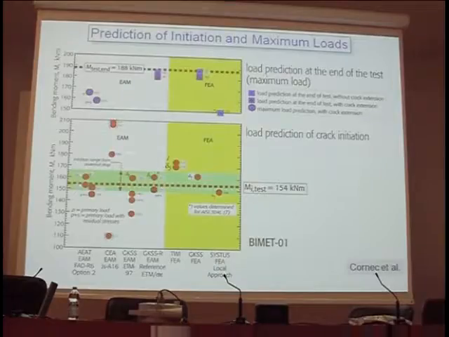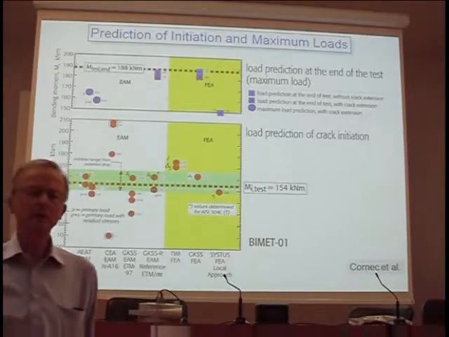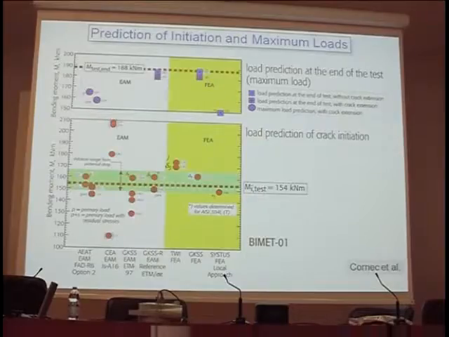The left-hand side are EAM, means the engineering assessment methods, like the ETM that I presented, like other ones. There are several around. And on the right-hand side here, we have the finite element analysis. And what you see here is a disaster. That shouldn't happen.